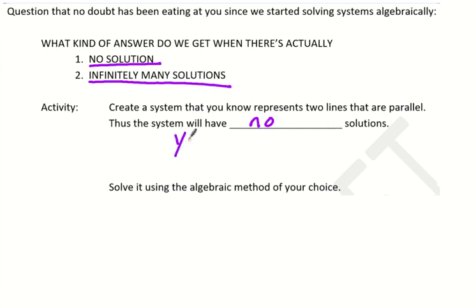Let's say y equals 3x plus 2, and for the other line to be parallel, it's got to have the same slope. Doesn't matter what the rest of it is, minus 5. As long as these slopes match, the lines are going to be parallel.